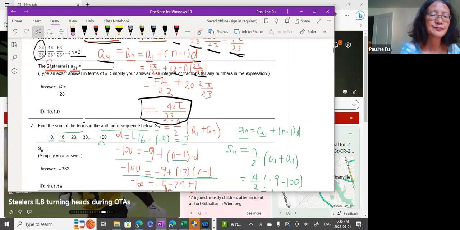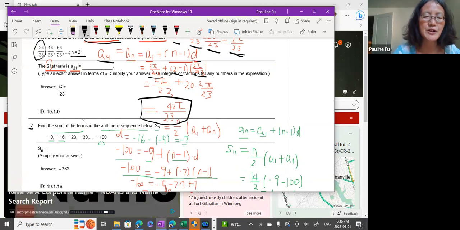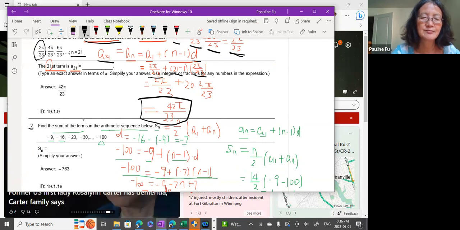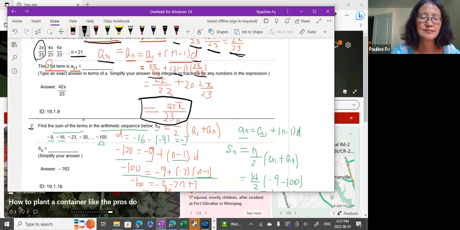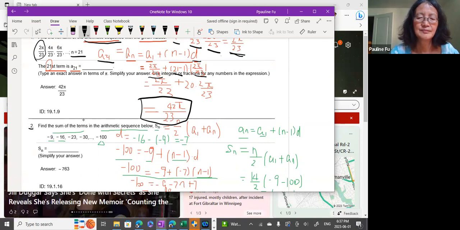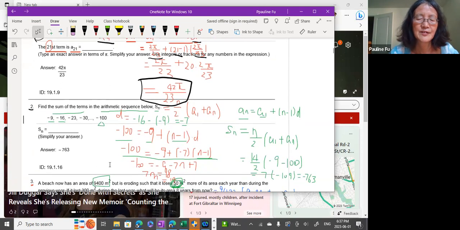Question 2. Find the sum of the terms in the arithmetic sequence. So what is Sn? How do you solve for this?